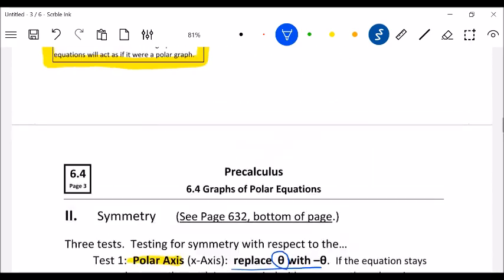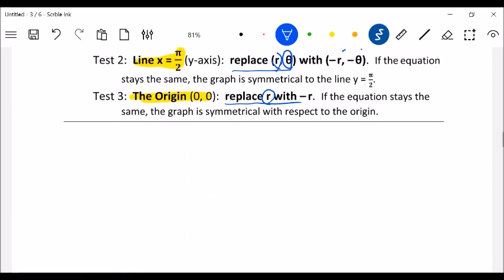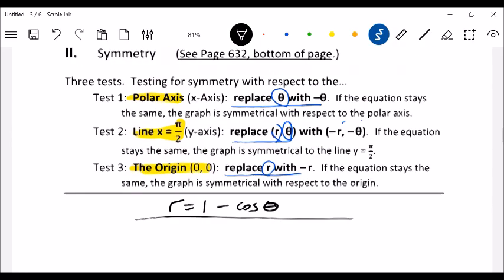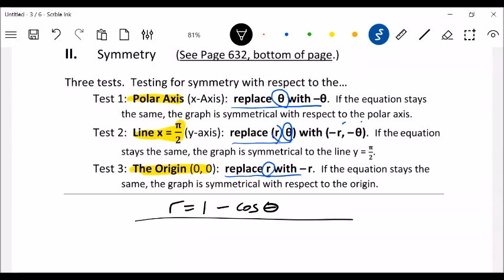Okay. And let's pick, or I will give you this particular r equals 1 minus cosine theta. We're going to test to see if it has the symmetry. Now, what these actually mean for the polar axis, it means that we're symmetrical to the x-axis. It means it would flip over the x-axis. It's the exact same on both sides of it.